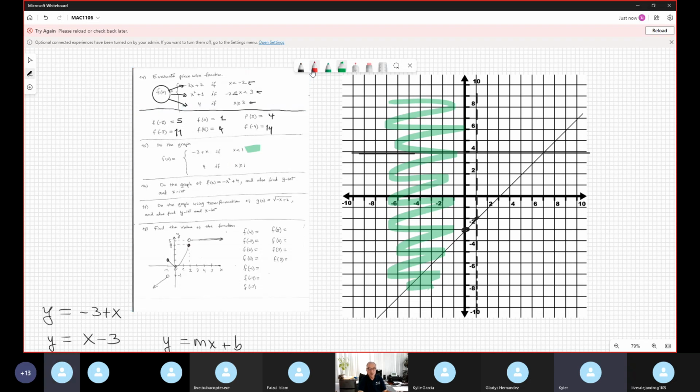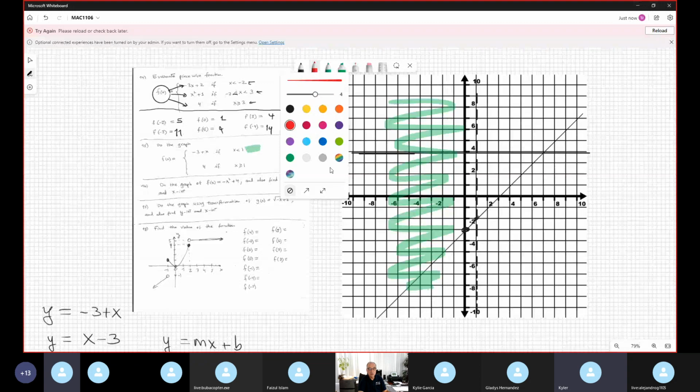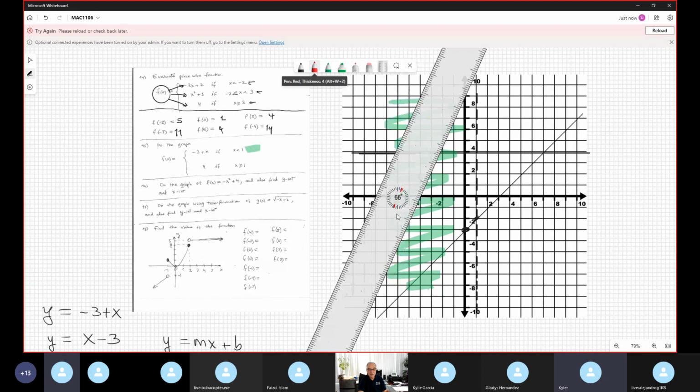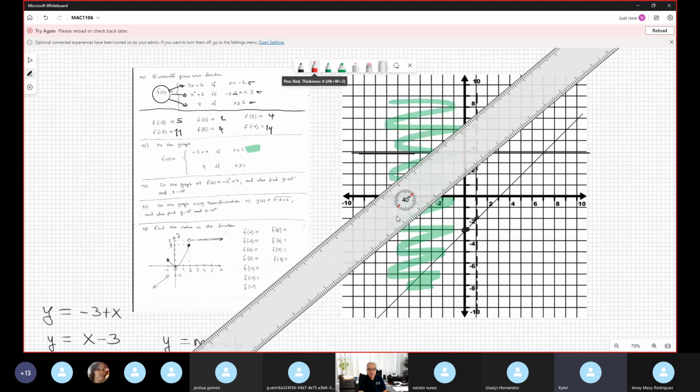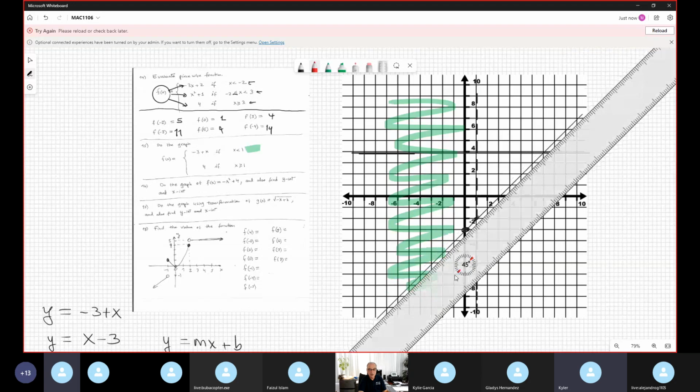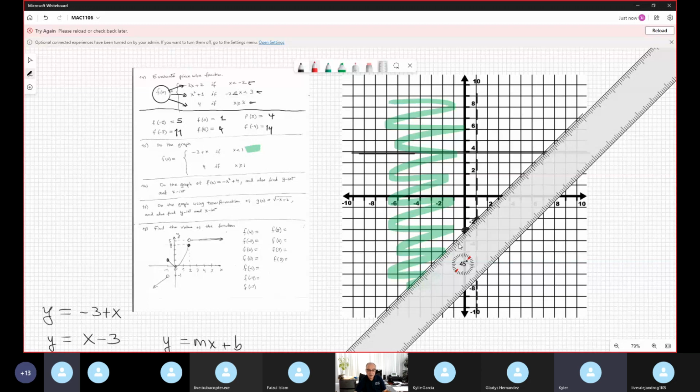Therefore, by using another color, maybe red, a little bit bold, using the ruler again, 45 degrees, I am doing the graph of this piece of line that is coming from negative infinity and stops here, in 1.